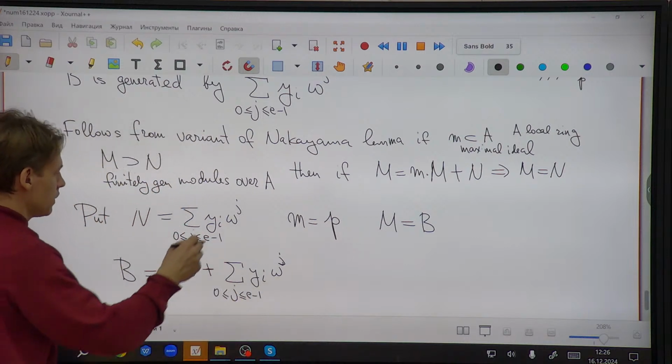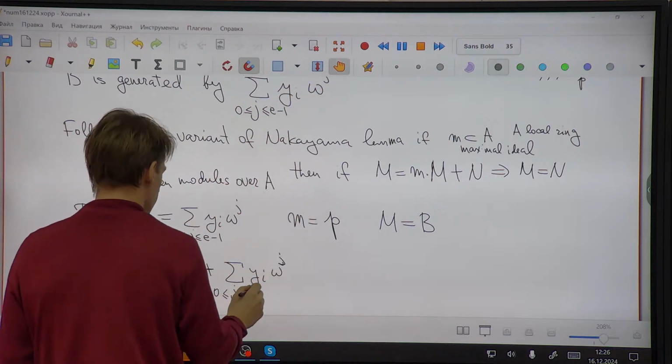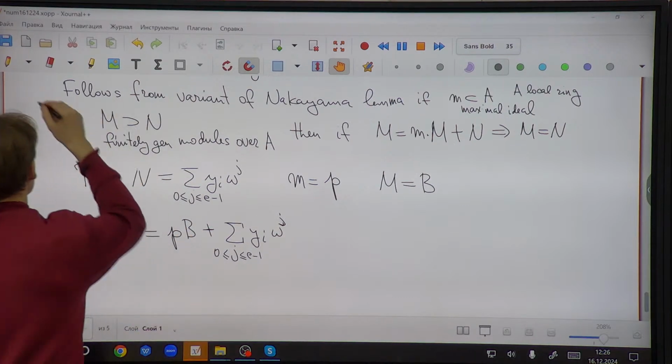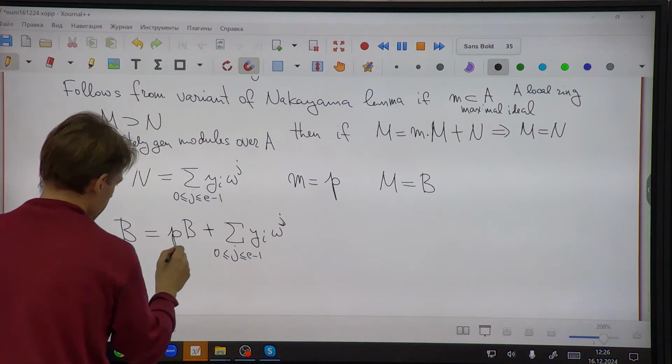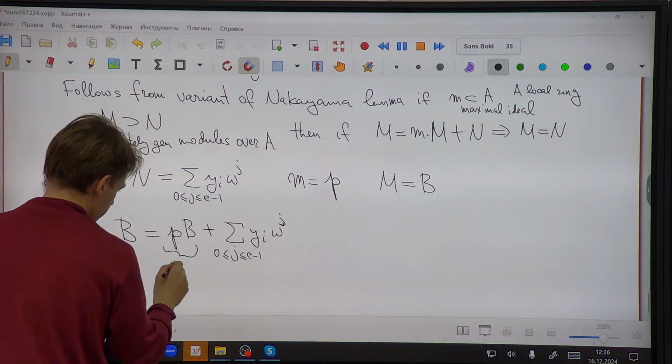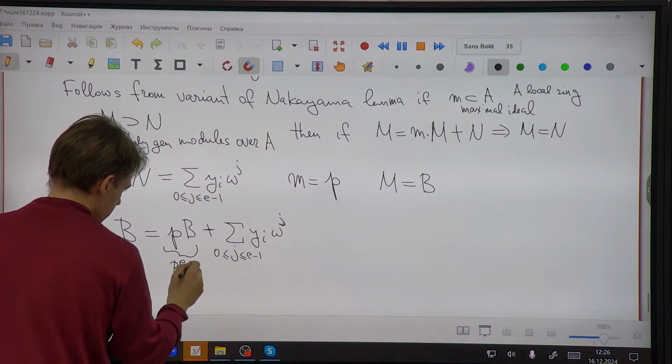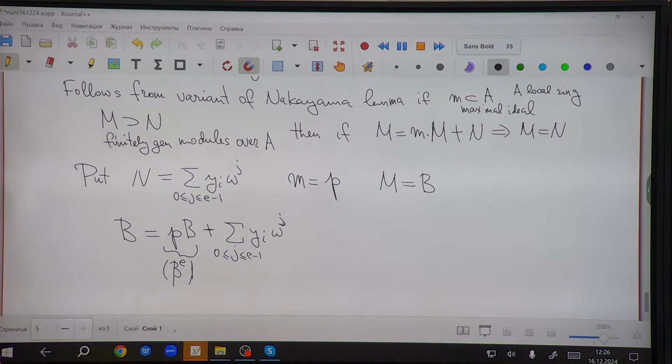This PB is just beta^e B, so this is just the ideal beta^e.